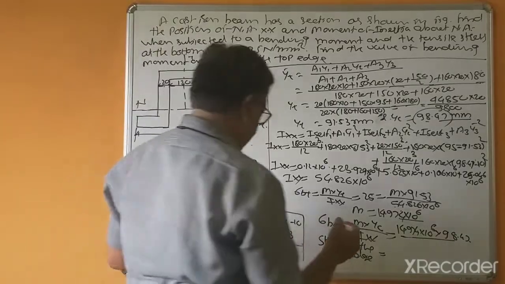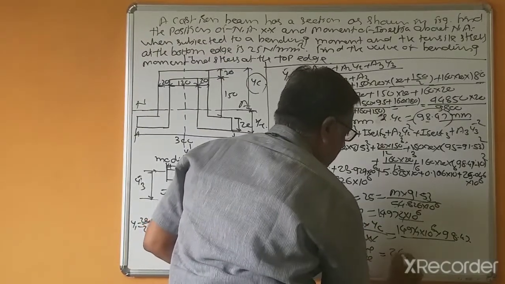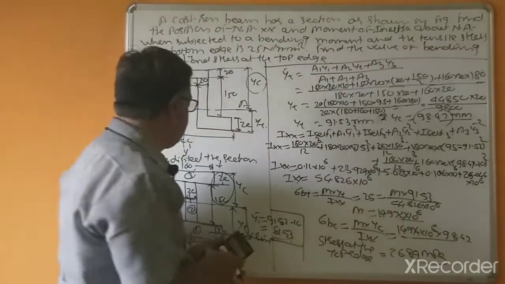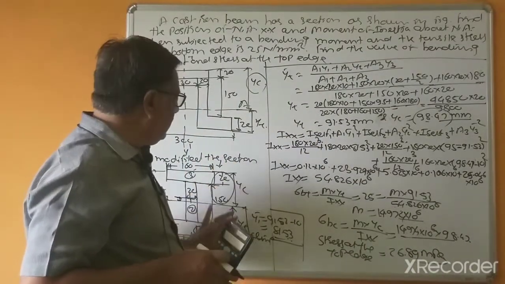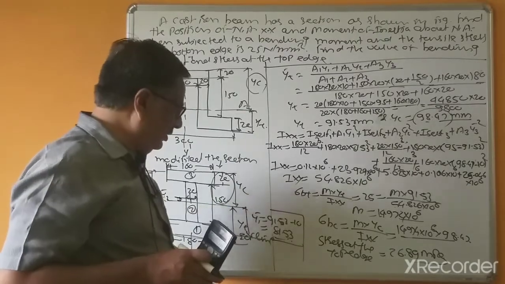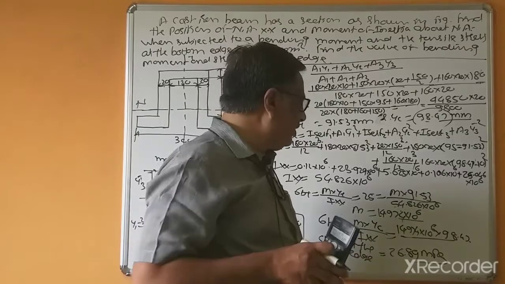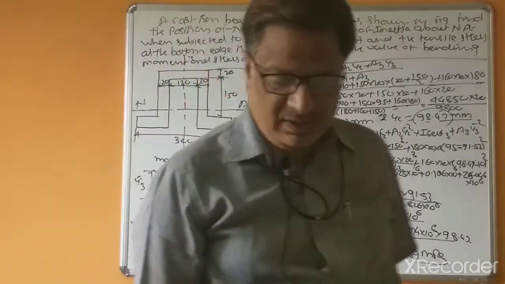This is 26 point, because this length is more, so this distance YC is more, so that's why the stress induced in the top edge is greater, 26.89. This is the expected answer.